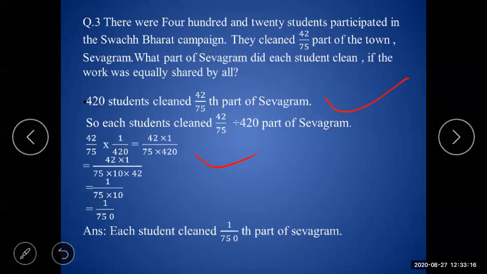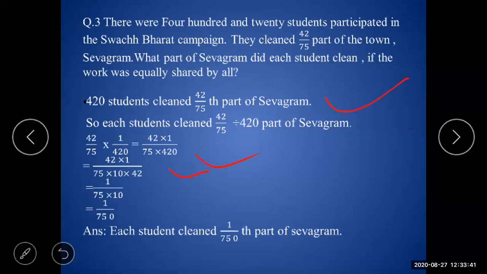Now here you will multiply. Multiplication came, so multiply 42 into 1 and 75 into 420 straight. 42 into 1 will remain as it is, but we will change 420. 420 is coming in the 42 table only, so we will write 75 multiplied by 10 into 42.